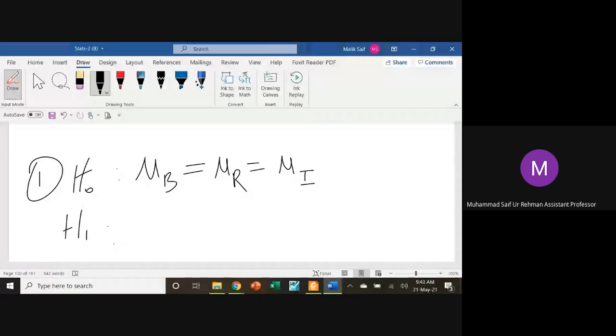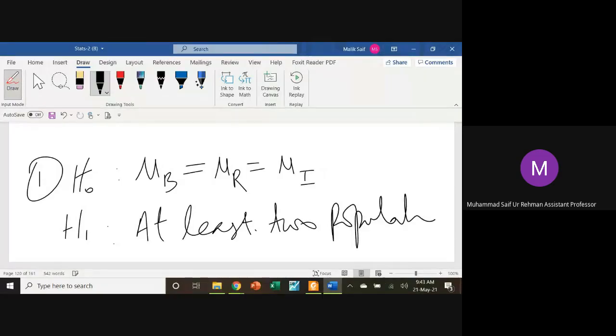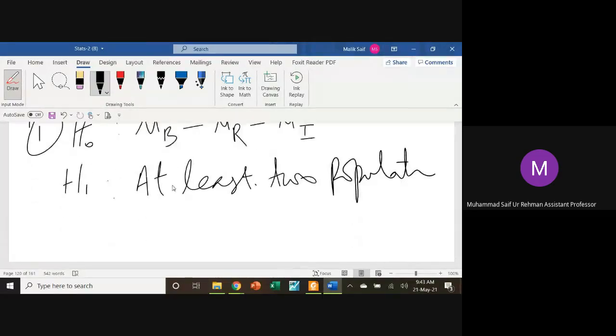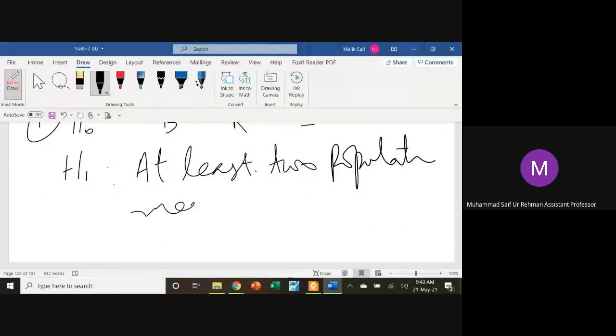Okay, or here you can write down at least two population means are not equal.